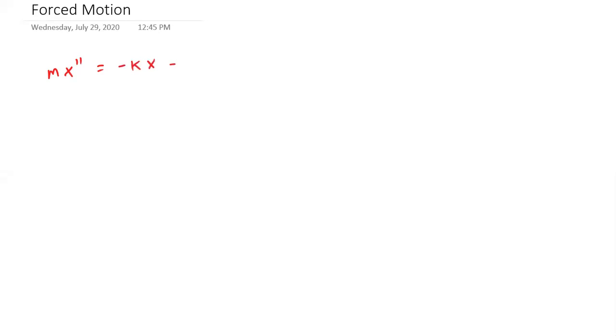We have minus beta x prime, this coming from damping. And now we're going to add another force. This f of t is going to be the forcing, or the force that is forcing oscillations on the system.